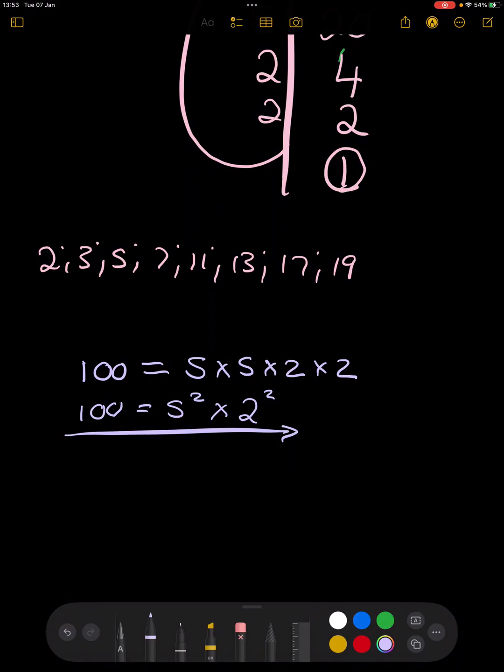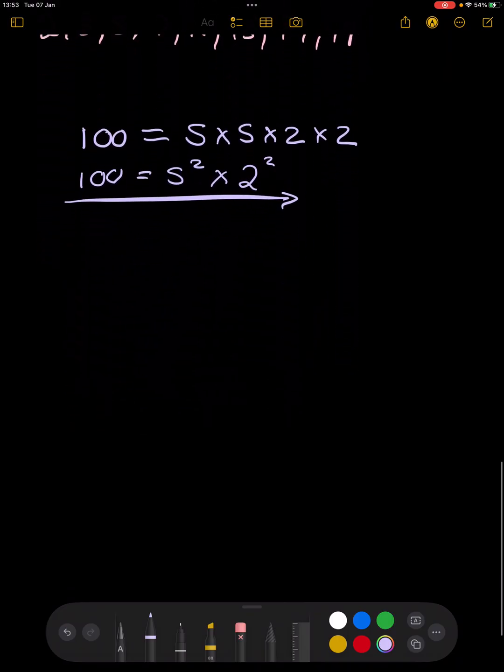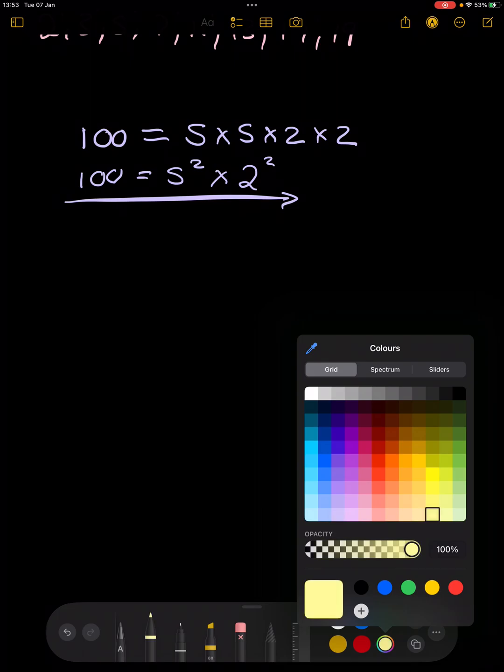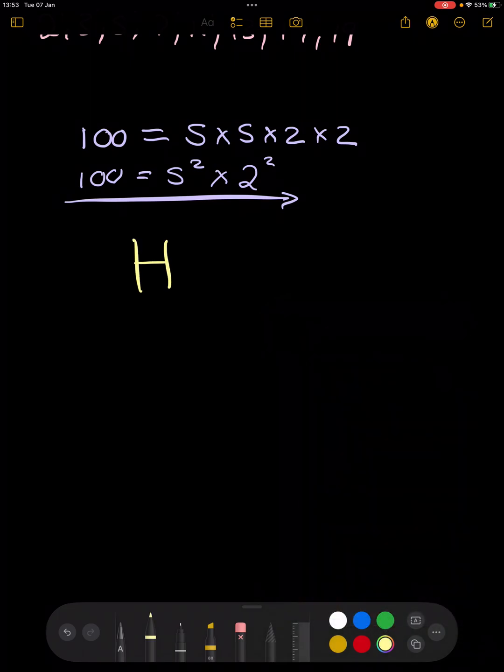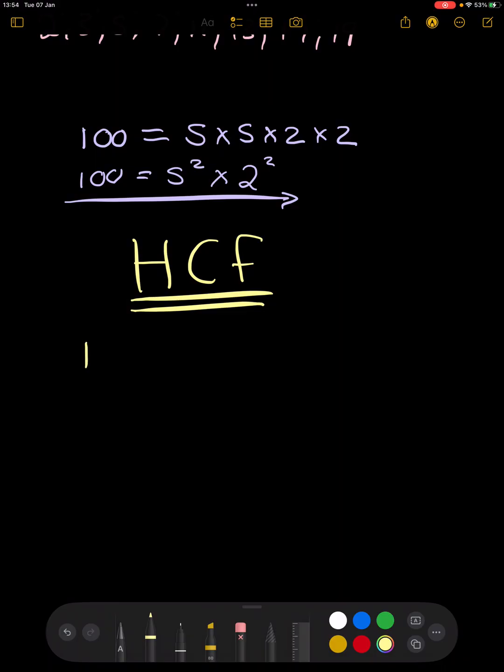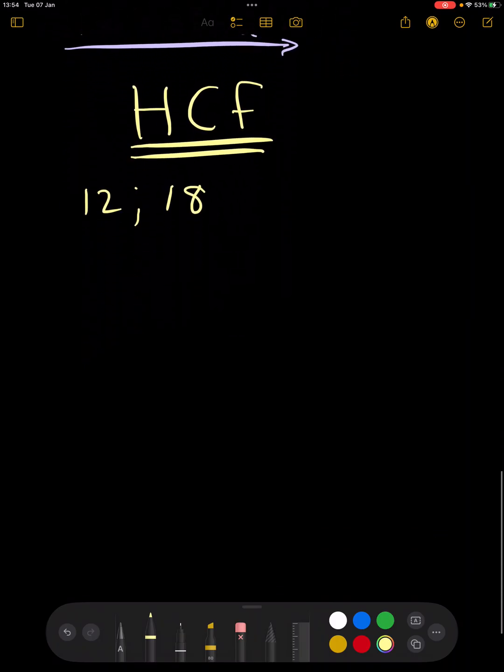Now, this becomes useful when we want to, for example, determine the HCF of two numbers, so the highest common factor between two different numbers. If they, for example, ask us to find the highest common factor between 12 and 18, we are going to start off, number one, by first determining the product of prime factors for each of those numbers.